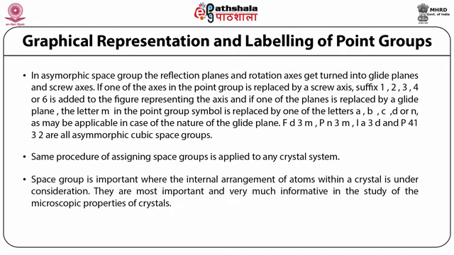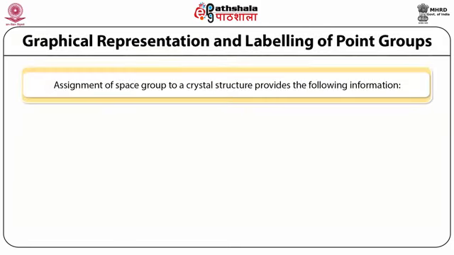Space group is important where the internal arrangement of atoms within a crystal is under consideration. They are most important and very informative in the study of the microscopic properties of crystals. Assignment of a space group to a crystal structure provides the following information.